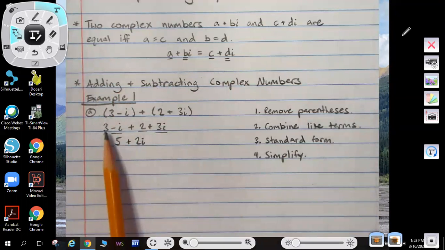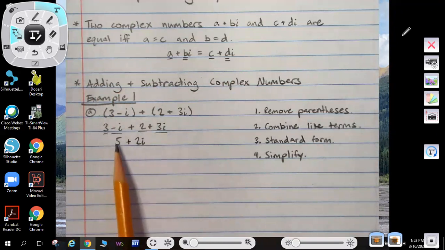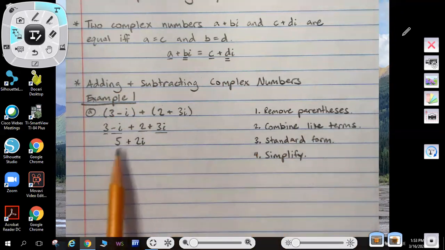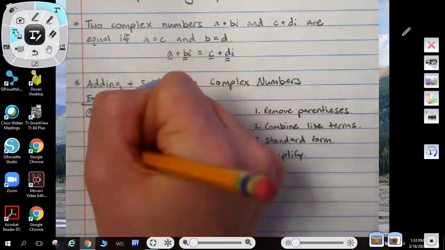Because we added or combined the real parts first and then the imaginary parts, we naturally just went ahead and wrote this in standard form because we have real part first, then imaginary. So step 3, we've already done. This is already in standard form. Step 4 says to simplify. There's nothing about 5 plus 2i that can be simplified, so this is our answer.